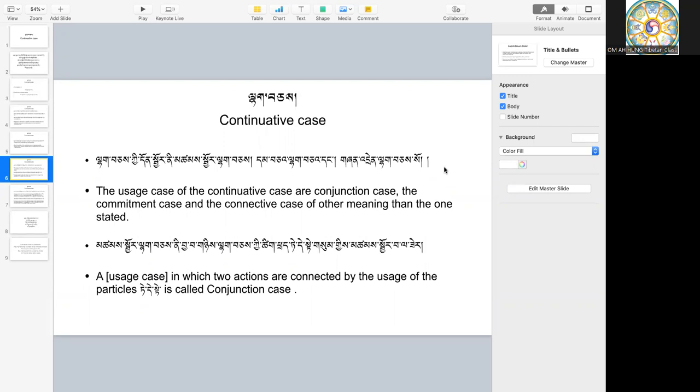It is done by the connective particle of the continuative case. We will discuss this particular usage case, which has two variations, during the usage case. A very interesting type of statements.